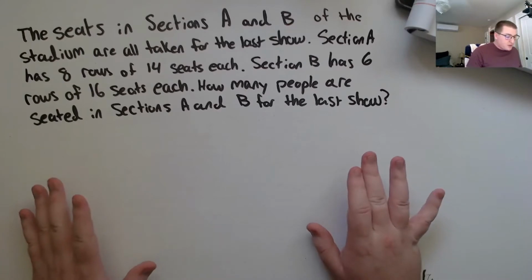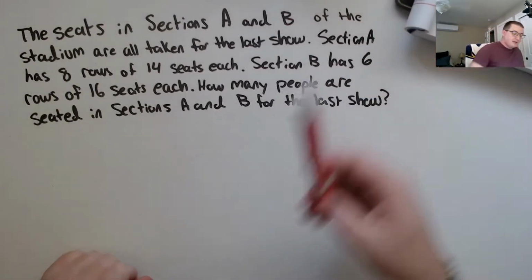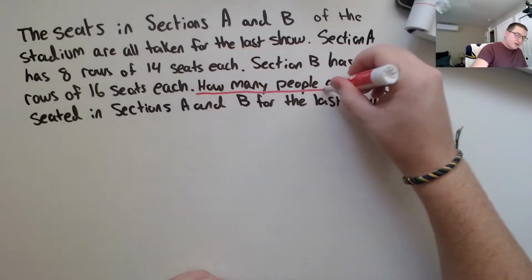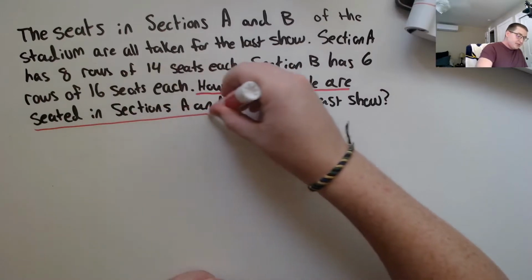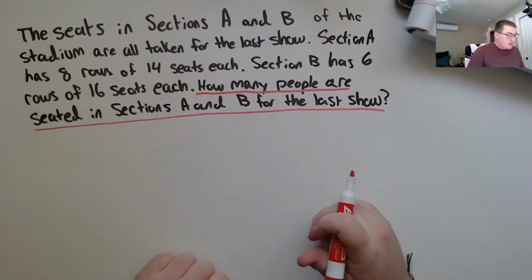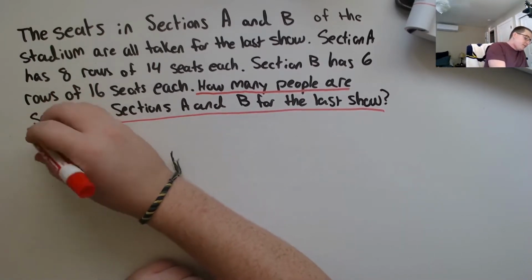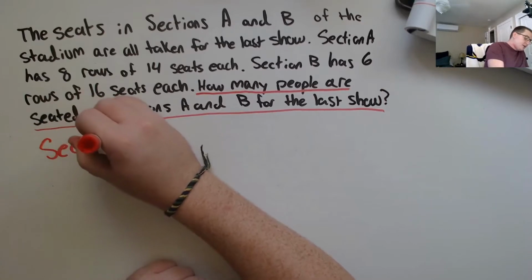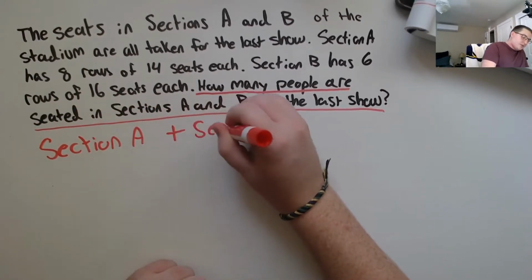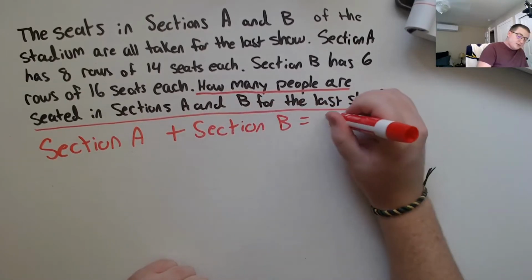The very first thing we have to do is figure out what the question is. So I'm going to take this red marker and underline the question. How many people are seated in sections A and B for the last show? Well, we know all the seats for A and B are full in the last show, so we're going to do section A plus section B equals total.